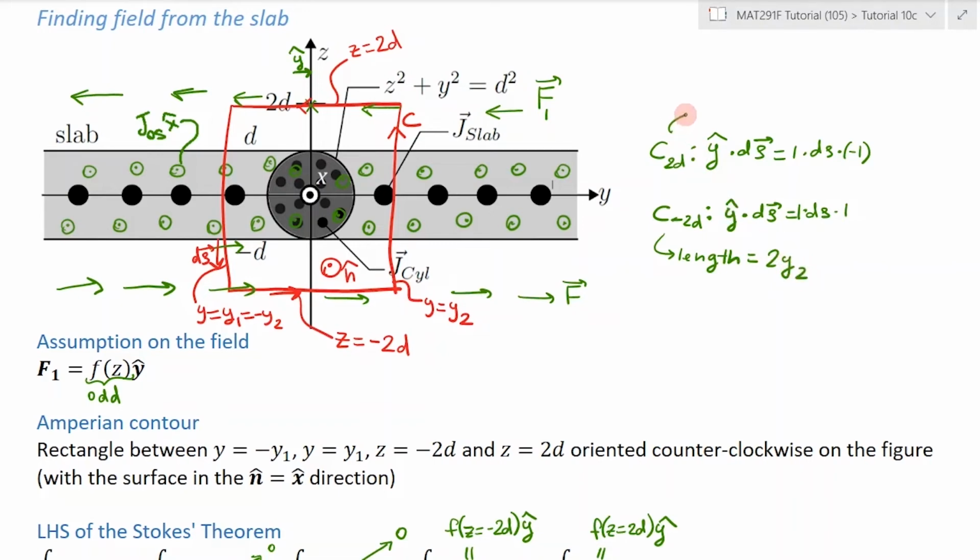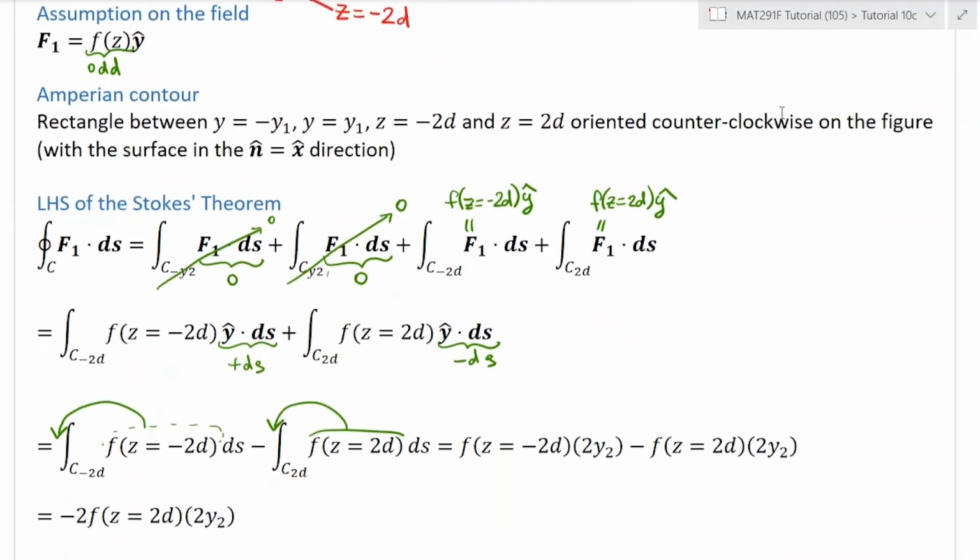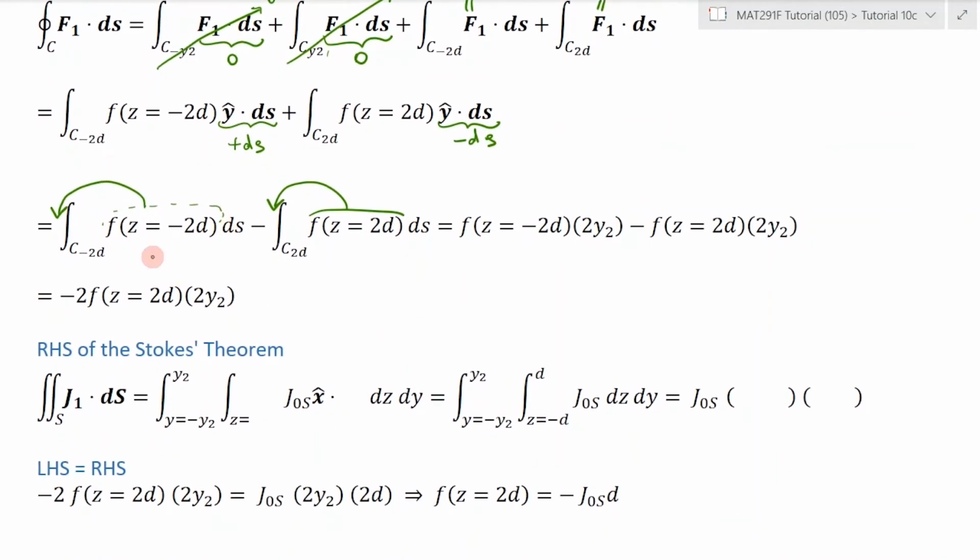And same thing for this guy. So then I evaluate the integral for this guy and for this guy, and then I get this constant times 2y2, and then the same thing for this part.